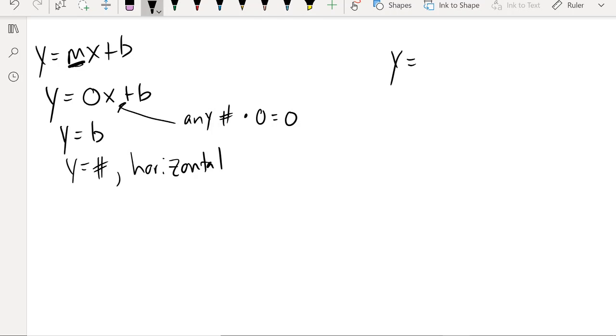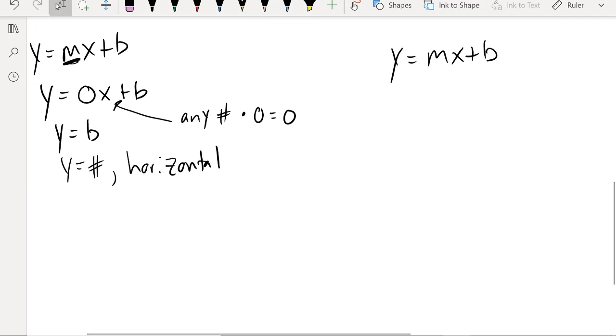Y equals mx plus b, right? So if y equals mx plus b, and the slope is vertical, that means it's actually over 0. It's actually over 0. And this is where it gets tricky.